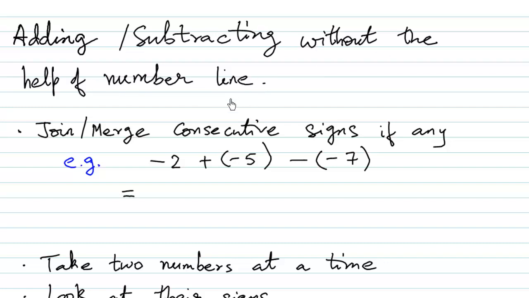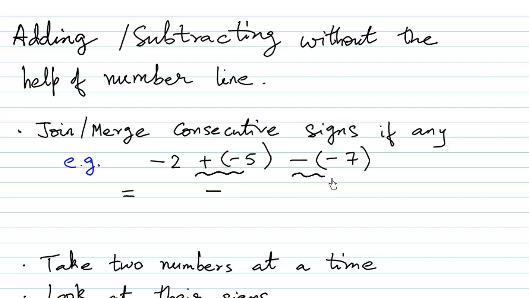So we're going to follow certain rules, and the first one of them is we should join or merge consecutive signs if there are any. For example, -2 plus of -5 minus of -7. So you can see over here there are two consecutive signs, plus and minus. Now remember the rule, plus and minus is minus.